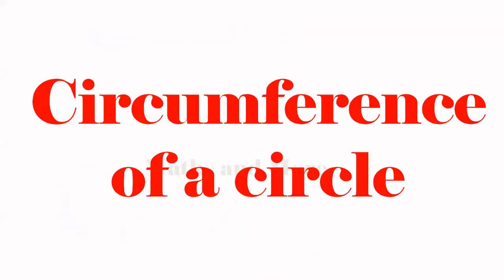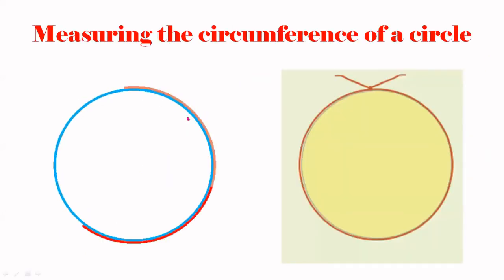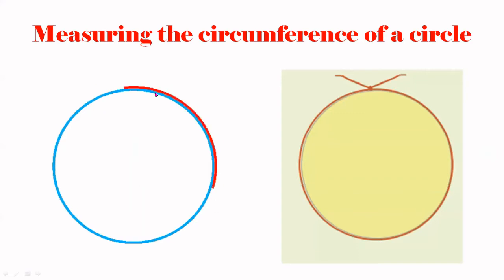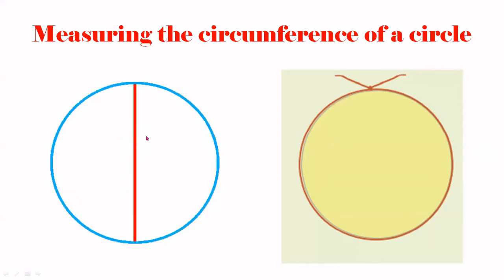Today we are talking about the circumference of a circle. What is called as a circumference? Here look at this figure. In this circle, this middle line is called as the diameter.